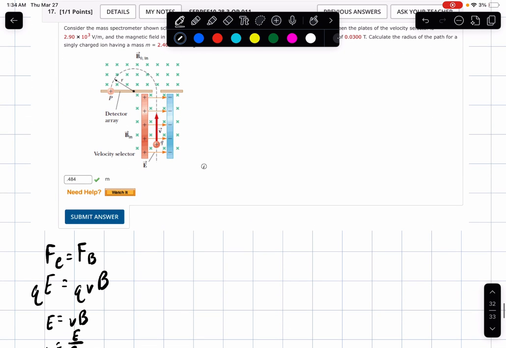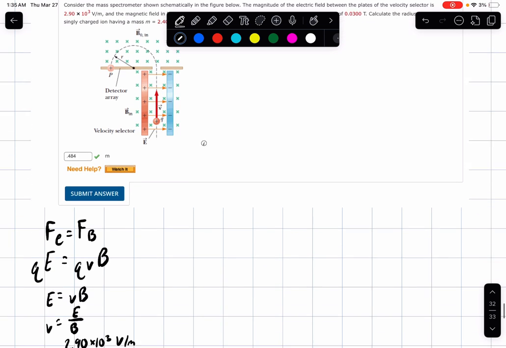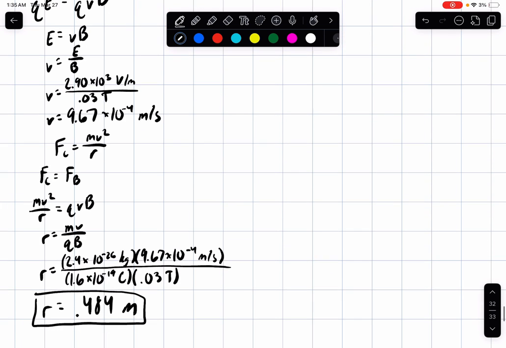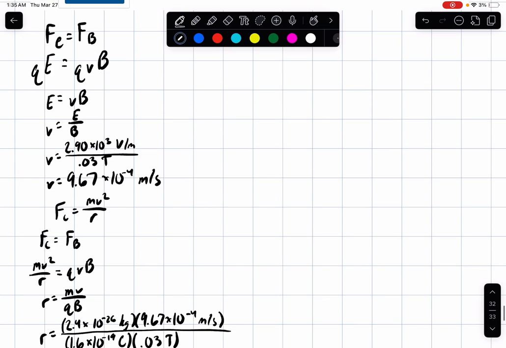And centripetal force is review from what we learned last year. So that's why we set FE equal to FB, since it's a mass spectrometer, and you solve for V. And then from there, the centripetal force is the magnetic force, and you set those two forces equal to each other, and then you solve for R. So what made it challenging was having to think back to mechanics and recognize that centripetal motion right there.